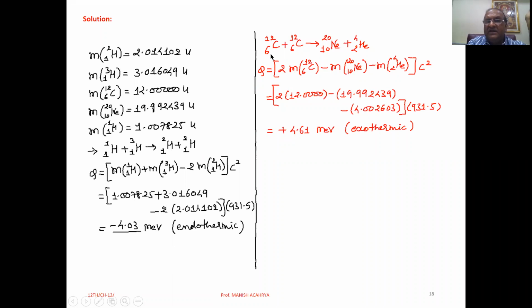Then another reaction, 6C12 plus 6C12 gives 10Ne20 plus 2He4. So the Q value is the left-hand side mass, twice the mass of 6C12, minus the right-hand side, the mass of Ne minus the mass of He. Substitute the values of all the masses and directly multiply by 931.5. When you solve this, your answer will be plus 4.61 MeV. So we can say the reaction is exothermic because Q is greater than 0. Clear? Simple thing.